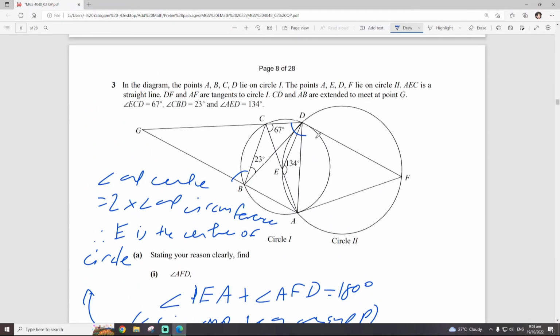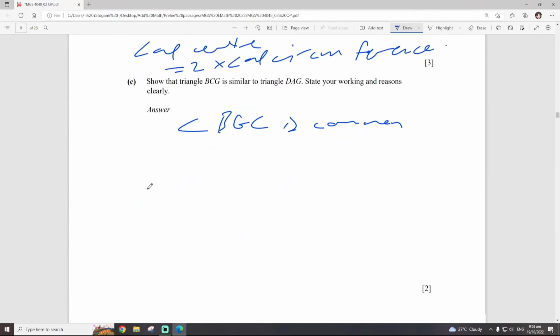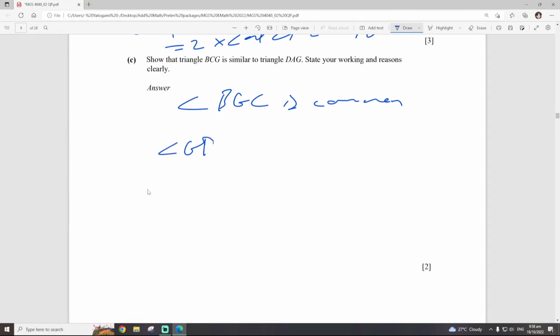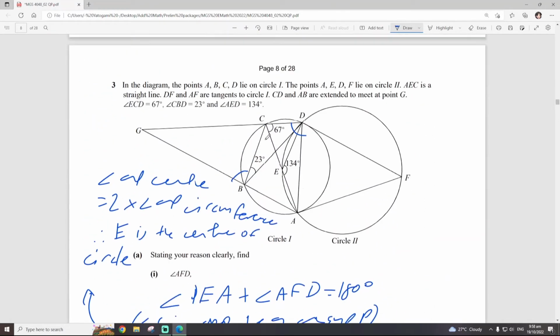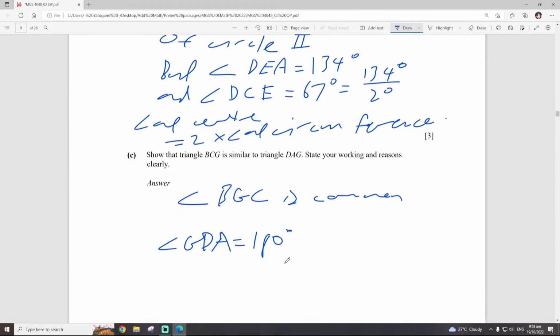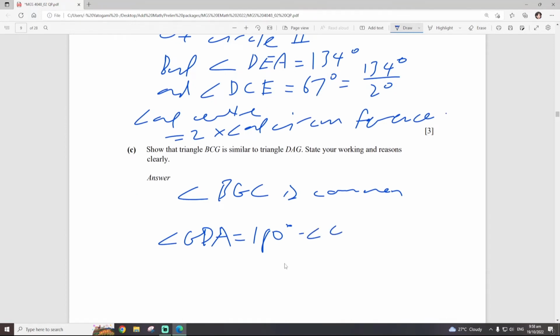Then angle GDA, yeah, so angle GDA is 180 degrees minus CBA, right? Which just so happens to be 180 degrees minus 180 degrees minus angle GCB.